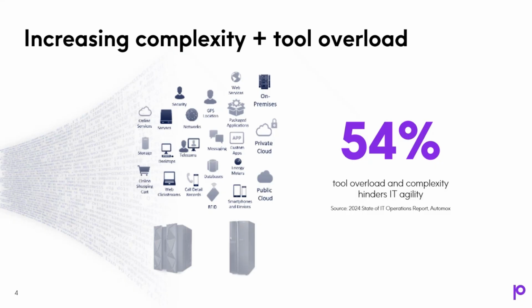This feeling isn't just a one-off feeling. Many organizations are dealing with an increasing complexity of their ecosystems combined with tool overload. So whether that's businesses that are acquiring other companies, bringing in systems that they didn't previously own, trying to scale for growth, just needing a number of tools.